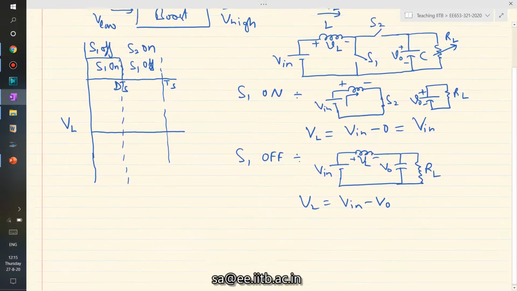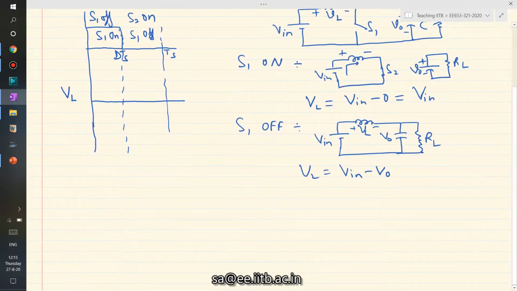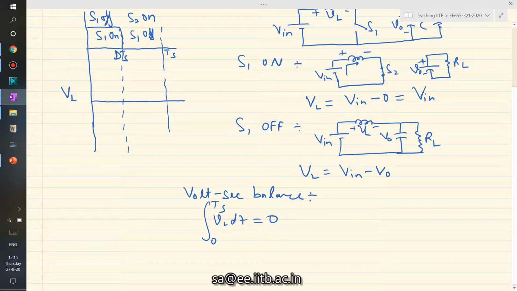Now, similar to what we did for the buck converter, we can use the volt-second balance law. What does it say? The integral of VL dt from 0 to Ts is equal to 0. S1 is on for a duration of dTs and off for a duration of (1 minus d)Ts.